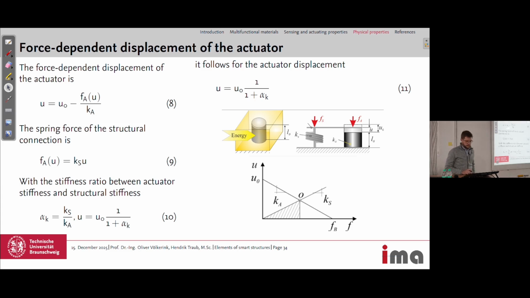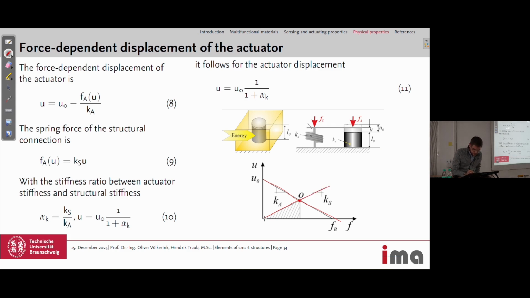No. I missed something. So if we look at this diagram here again, then we have both lines for the force displacement behavior of the actuator and the structure, and they meet here at this point.